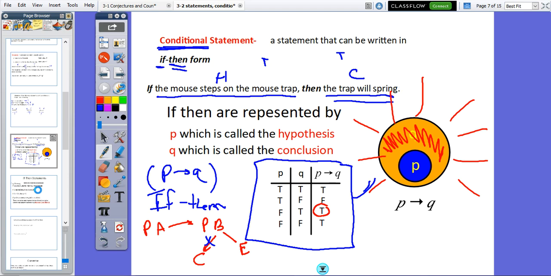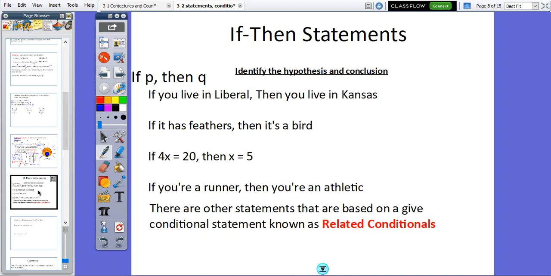Let's look at other if-then statements. If you live in Liberal, Kansas, then you live in Kansas. True. If you have feathers, then you're a bird. It's a true statement. How we see it in math: if 4x equals 20, then x equals 5. This is how we usually see it in math, but we usually don't look at them as if-then statements.